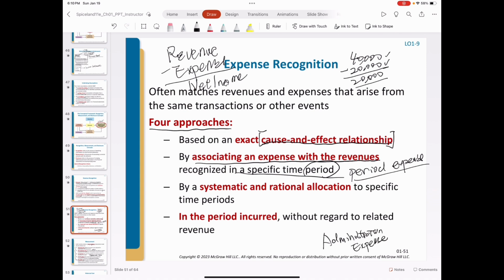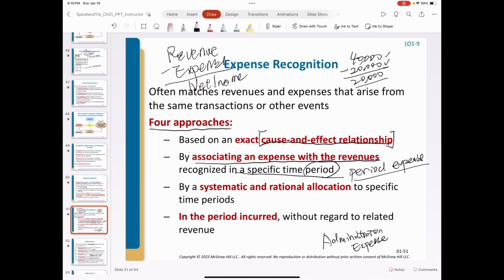Research and development expense, right? So this expense has no direct relation with the revenue generation, but they are incurred in a period when the revenues are recognized. So this is also a matching approach.